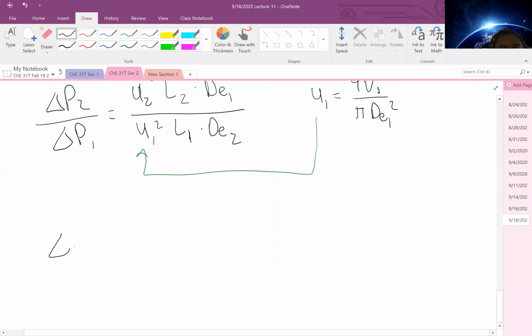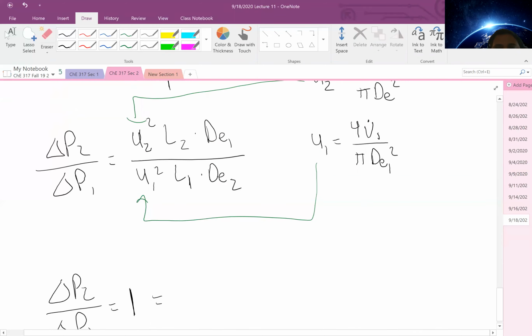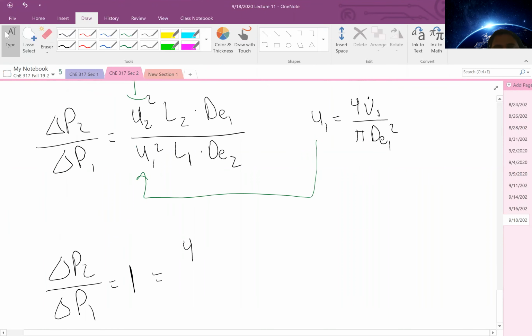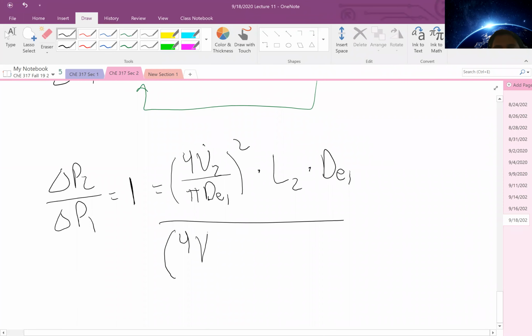And so I have the change in pressure comparison, which is simply 1, is equal to, what do I have? 4 times V2 divided by pi dE2 squared times length times the effective diameter, divided by 4 times V1 over pi dE1 squared times length times effective diameter.